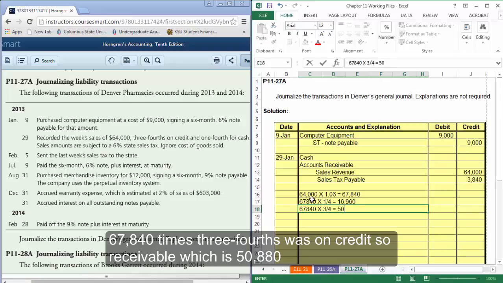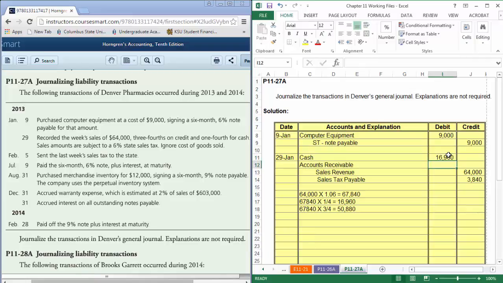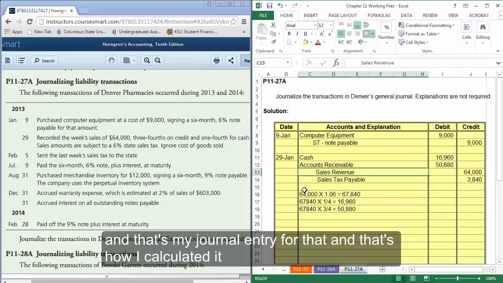So receivable, which is $50,880. All right, so that's my journal entry for that one, and that's how I calculated it.